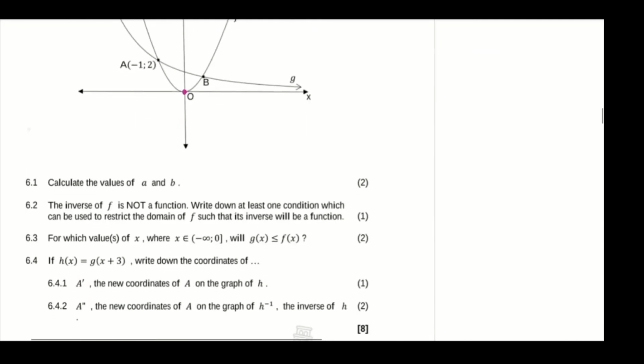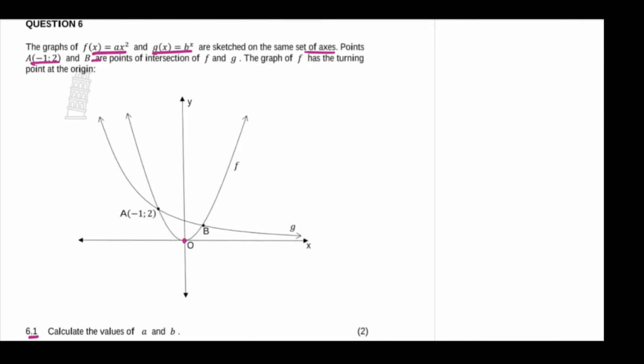Fine. So now 6.1, we want to identify the value of a and b. Remember, for f of x, we are given ax to the power of 2, and we can use this point here of A, being minus 1 and 2, to substitute. So where there's y, you put 2 equals a into minus 1 squared.